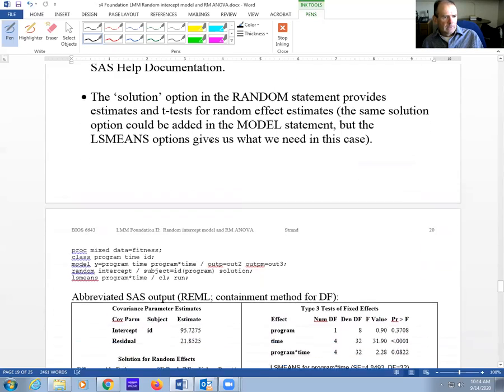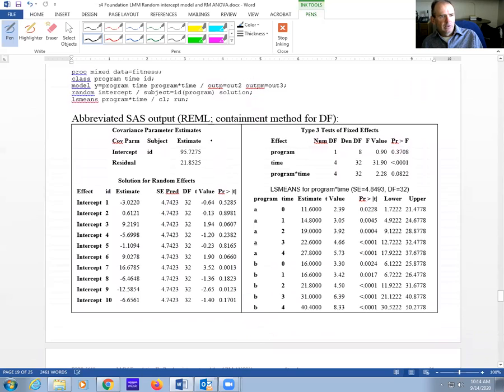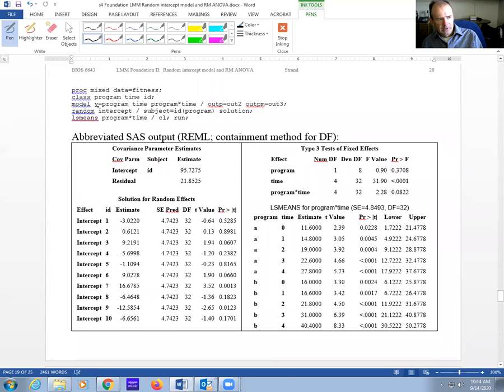And here's the code that we can write in SAS, the exact PROC MIXED code that you can use to carry out this analysis. And here I'm showing the random effect estimates that we can obtain if we add the solution option in the random statement. That will give you the random effect deviations for each subject, and a t-test to show you whether that difference is significant or not.